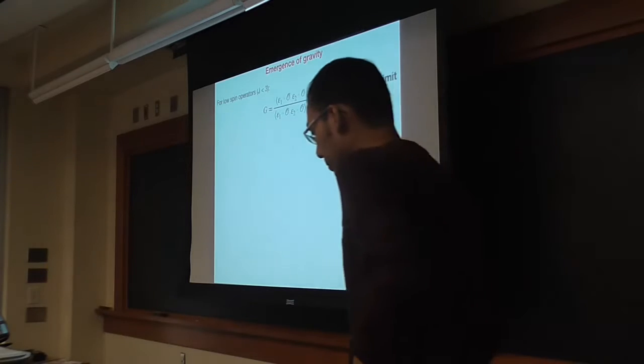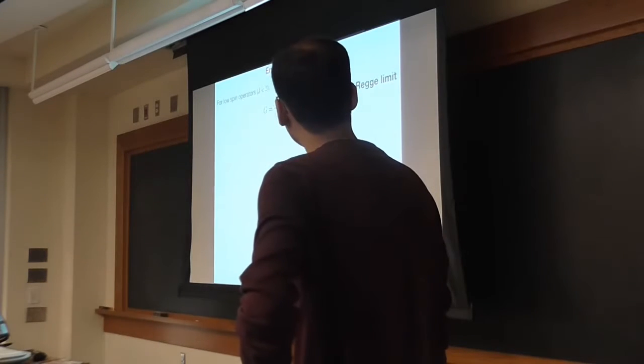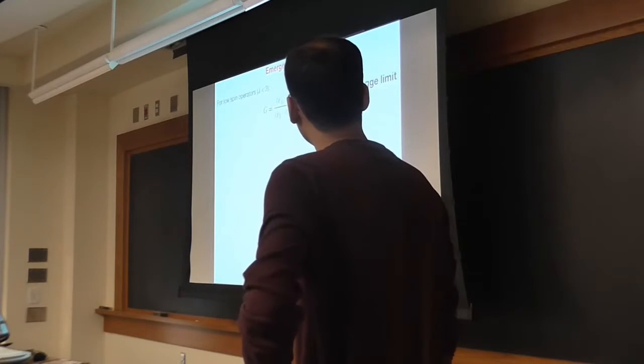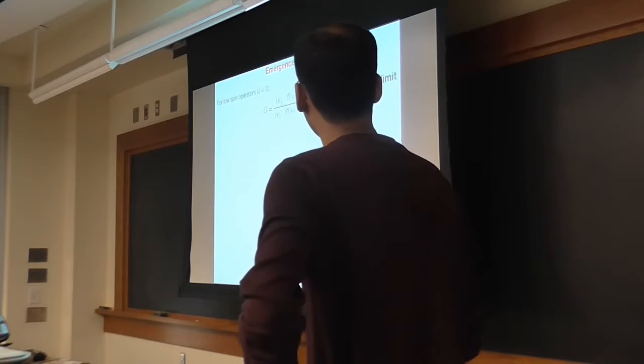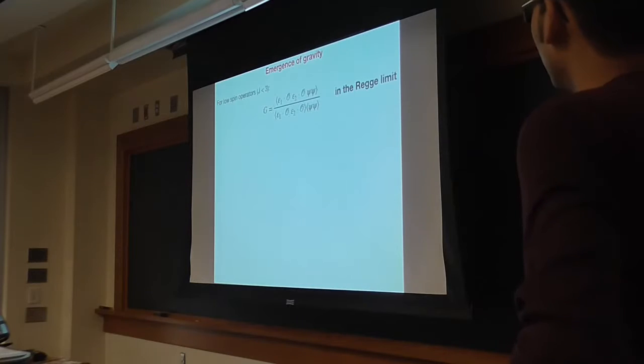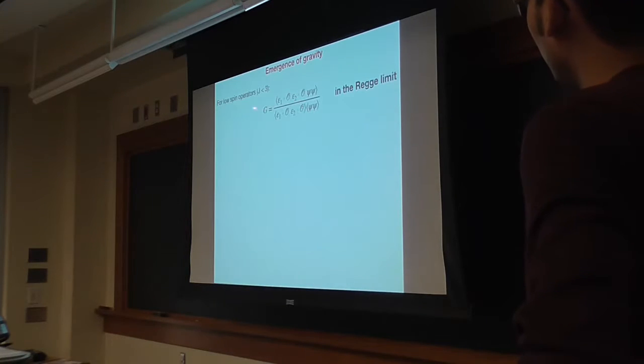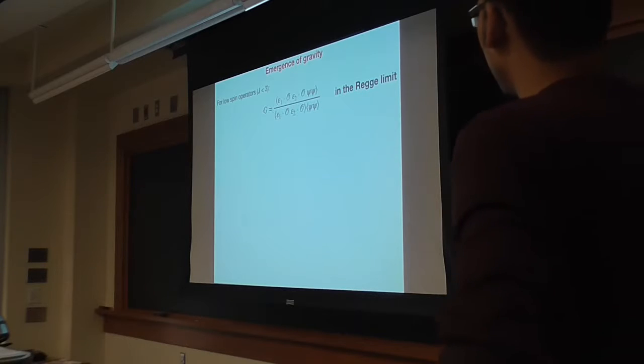So let me briefly sketch how the arguments go. Generally, they start with some 4-point function in the Regge limit, where these operators are low spin operators. They can be the stress tensor, or spin-one conserved currents, or scalars.